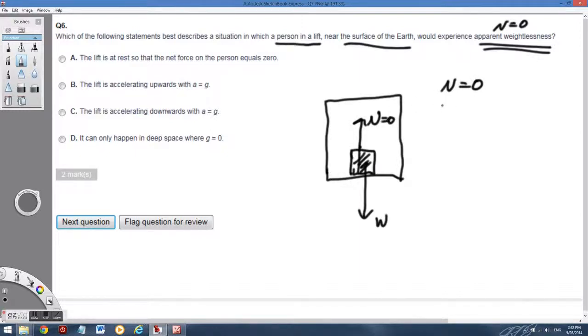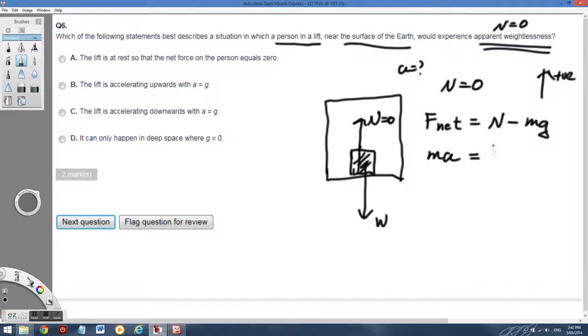I need to know whether it's moving up or moving down, so I need to find the acceleration. Say the acceleration is unknown. Acceleration is due to the net force. The net force is the sum of all forces, Newton's second law. So my net force will be my normal force take away the true weight force, mg. The net force is ma.